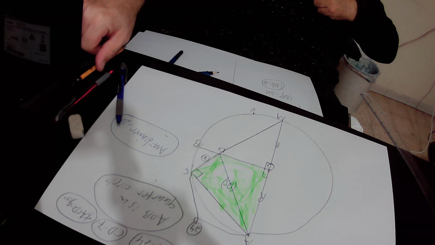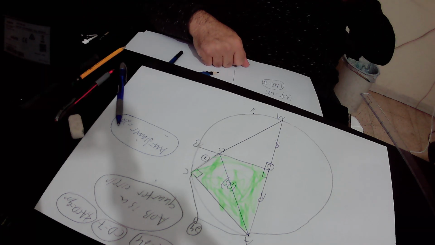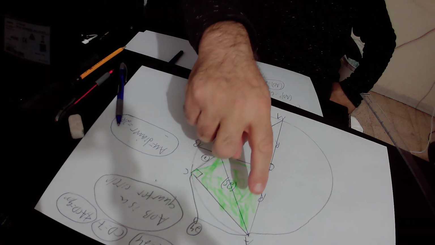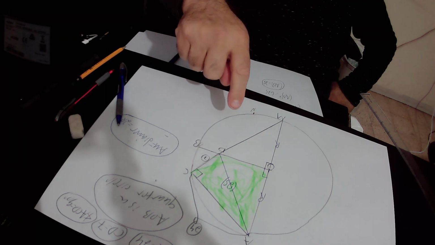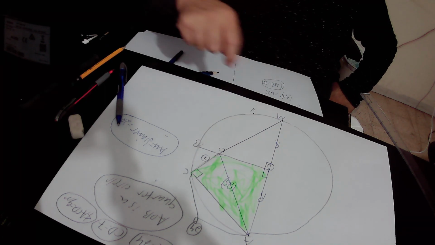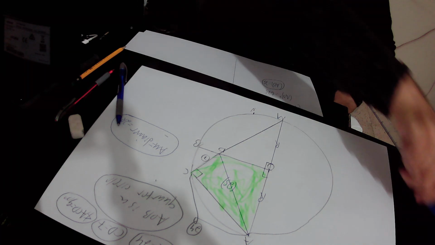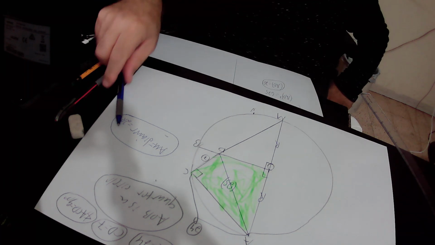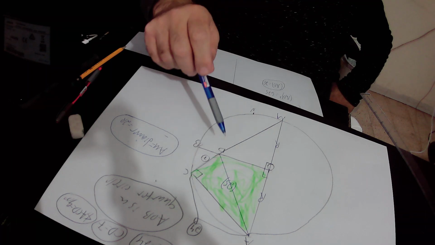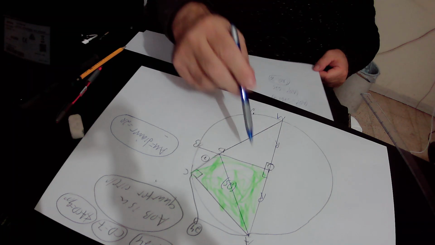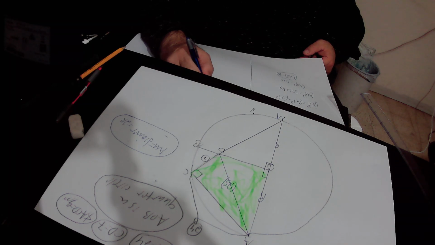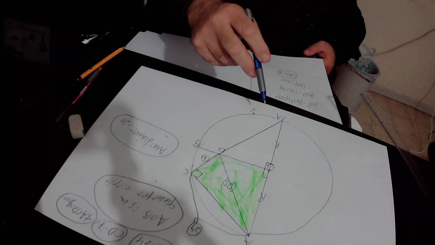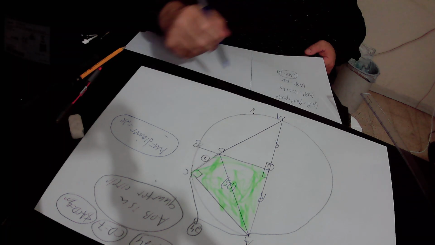In the next step we will prove that the right triangle AOD is congruent to the right triangle DOM. So I write it down. The right triangle ADO is congruent to the right triangle DOM.